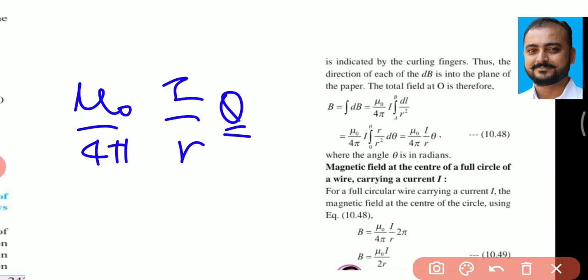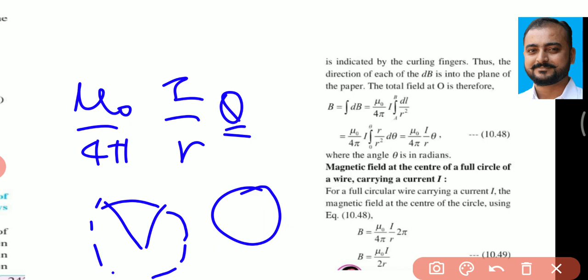This is about the arc only, but as you add up arcs, it completely becomes a circle.